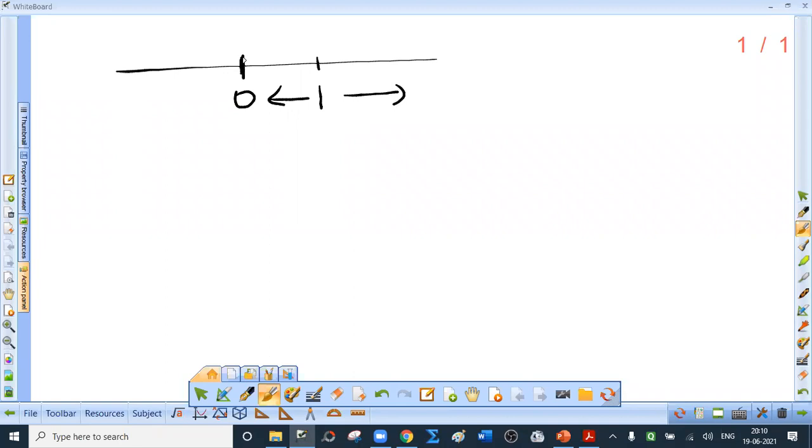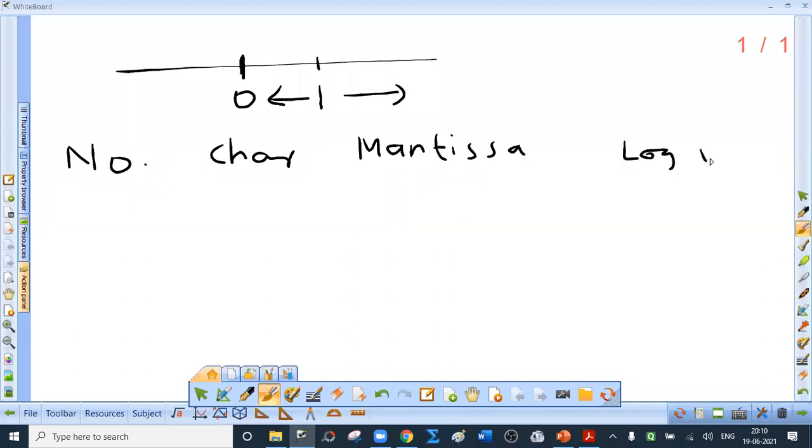Note that when I say less than 1, at the same time it is greater than 0, because logarithm of only positive number is defined. Now I will write number, then characteristic, okay, then mantissa, and final log value.